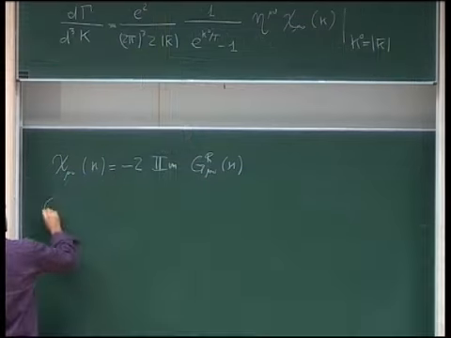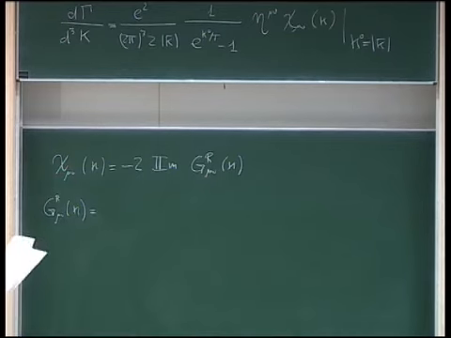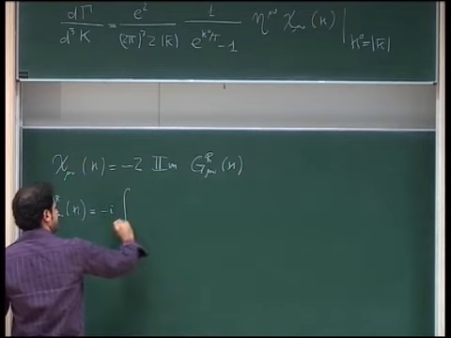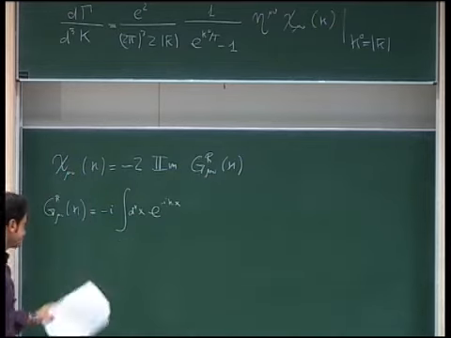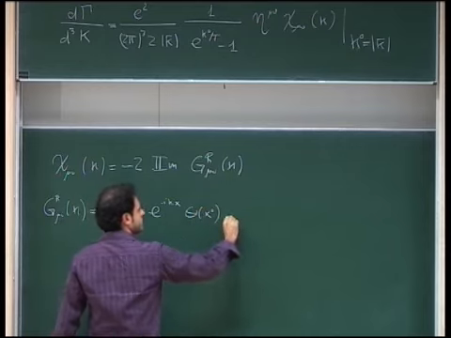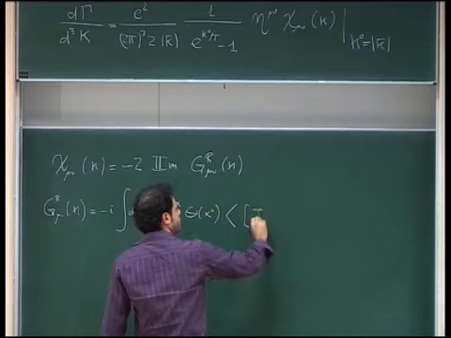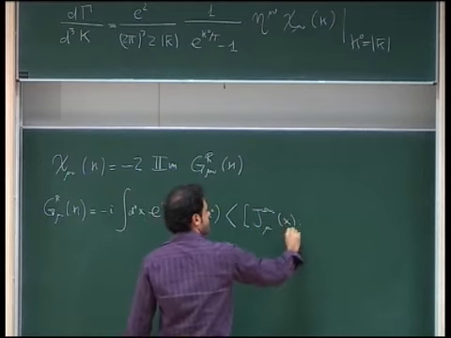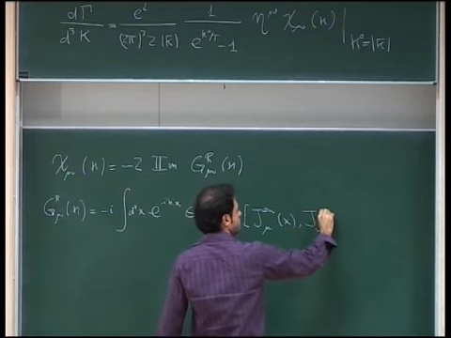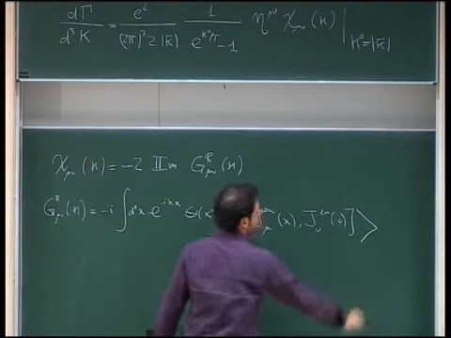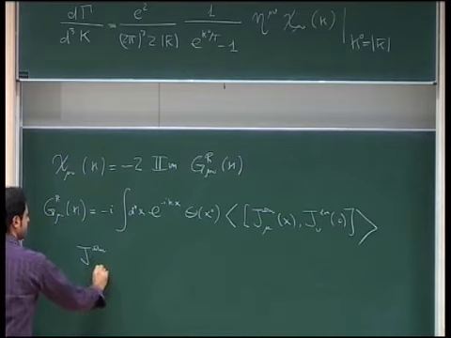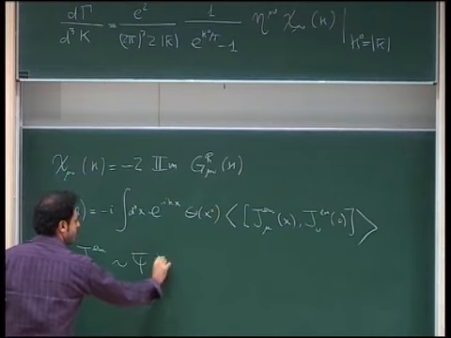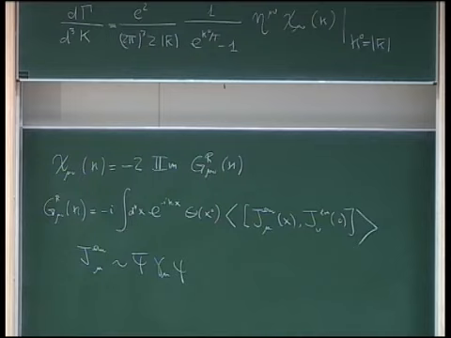And that is given by, as usual, the Fourier transform, minus i times d^4x, e^{-ik·x}, theta of x^0, and then there's a commutator of j_μ of x, j_ν at 0, where j electromagnetic takes the form ψ-bar γ_μ ψ, as you're all familiar with.